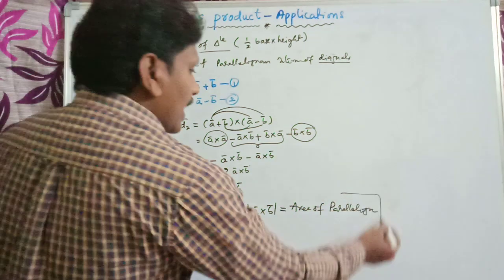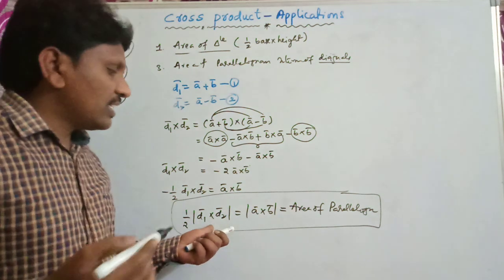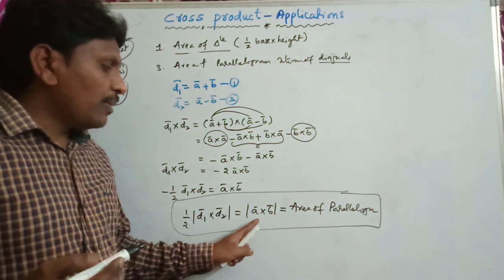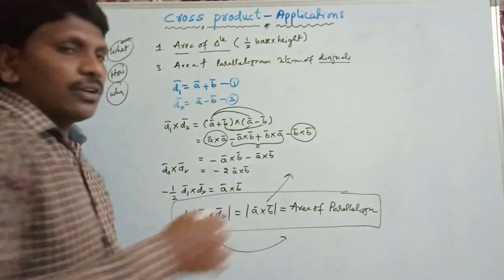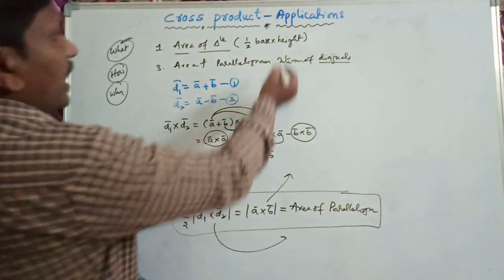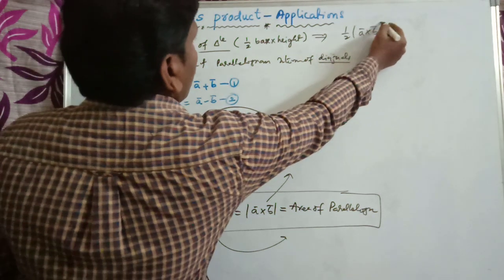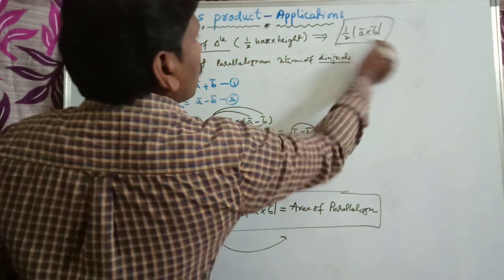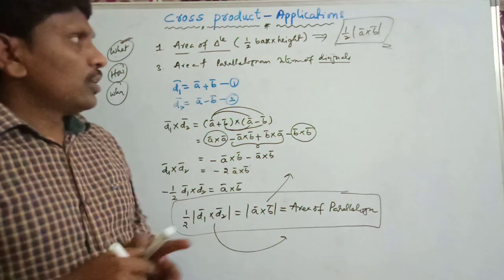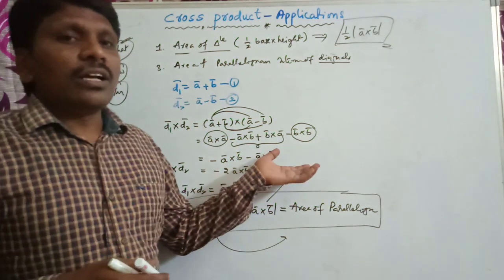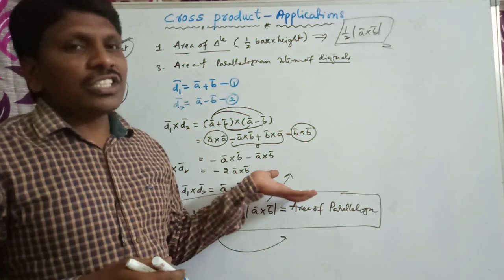So this is the area of the parallelogram in terms of diagonals, and this is the area of the parallelogram in terms of vectors, and this is the area of the triangle in terms of vectors. So these are the applications of cross product. From that we can easily do the problems based on this concept.